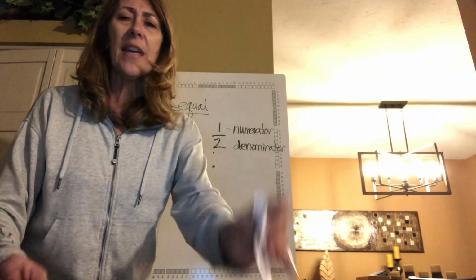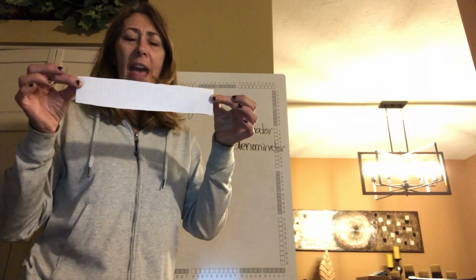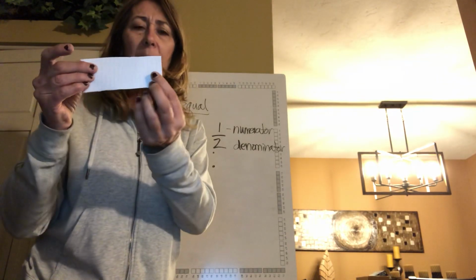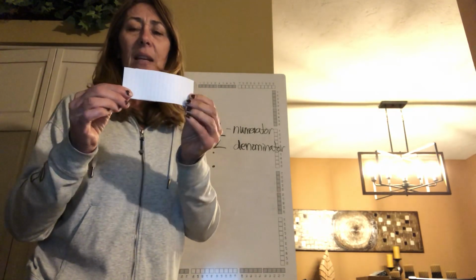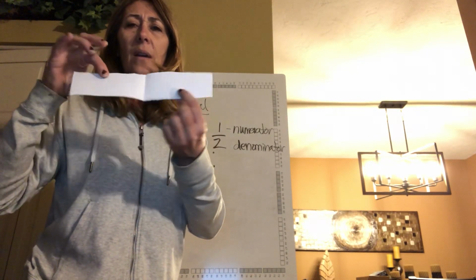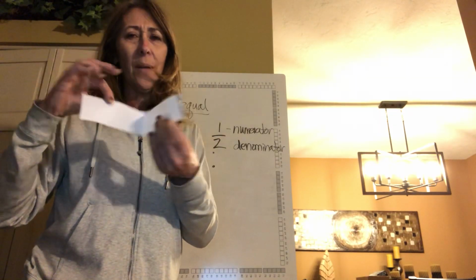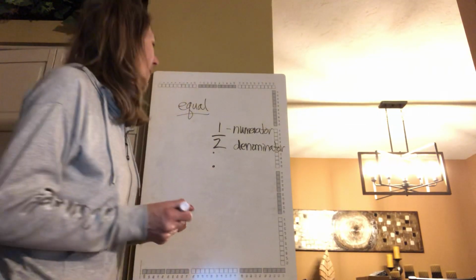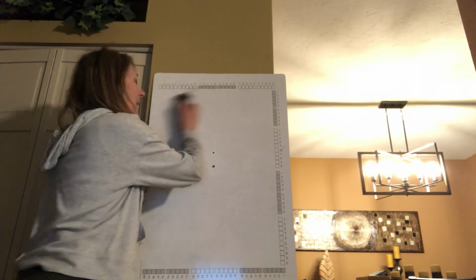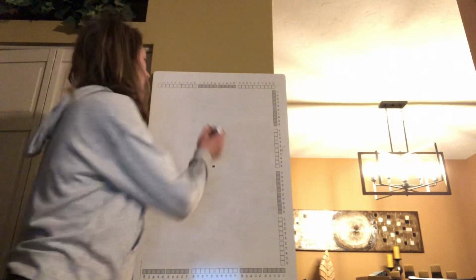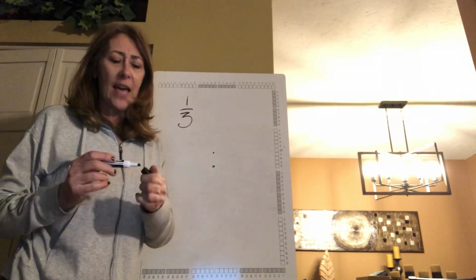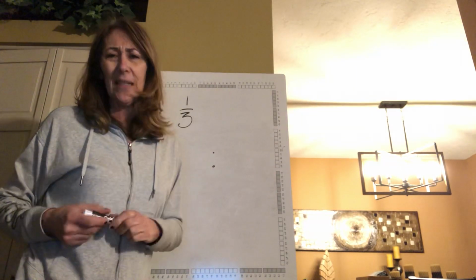1/2. If I have my paper and I want 1/2, here's the whole. I'm going to fold it where it lines up exactly, and this is 1/2 and this is 1/2. 2 halves make a whole. If I have the fraction 1/3, that means I have 3 equal pieces in the whole.